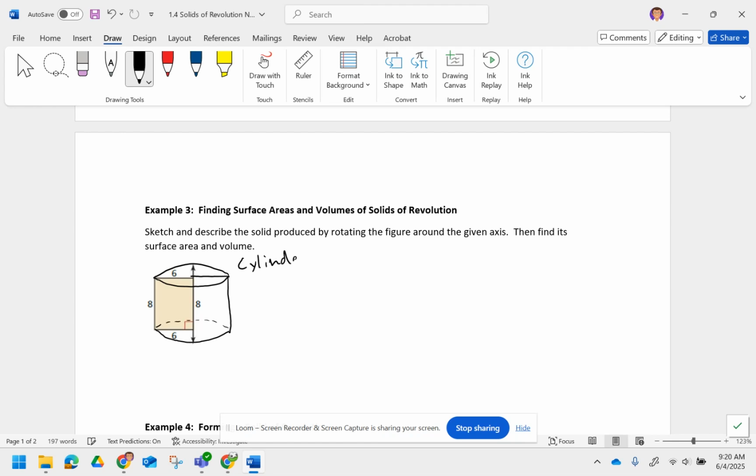So we know we have a cylinder that has a radius, well, let's just go ahead and say we have r equals 6 and a height equal to 8. So let's first do surface area. Now, to find the surface area of a figure, what we're talking about is the area of everything on the outside.